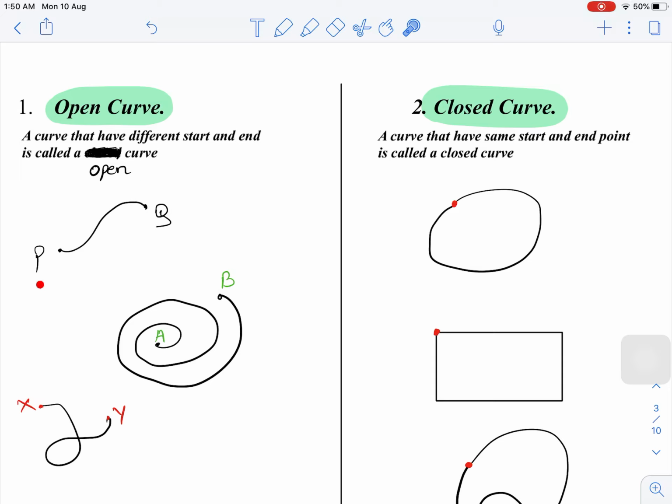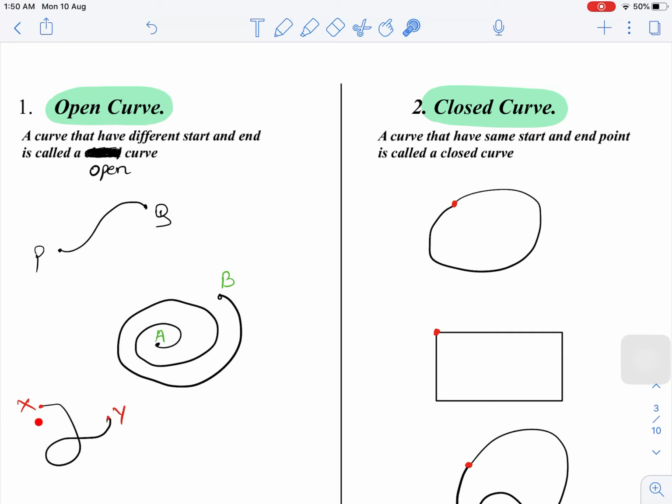For example, in this figure you can see that if you draw a curve in this way, P is the starting point, Q is the end point. So this curve has different starting and end points. So this is an example of an open curve. Here in this curve also you can see that the curve is starting from A and then it is ending at point B. So this is also an example of an open curve.